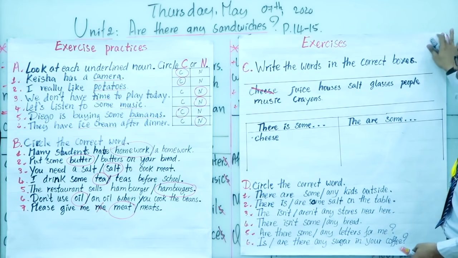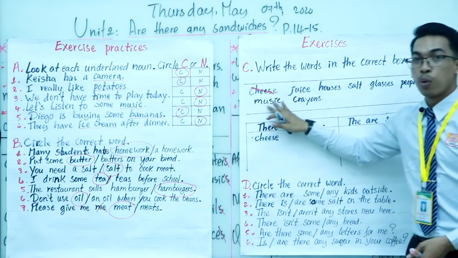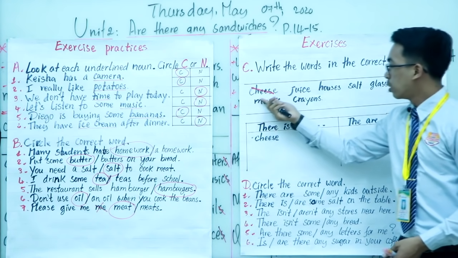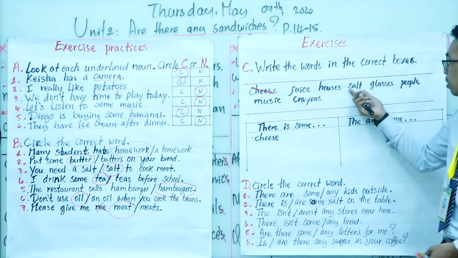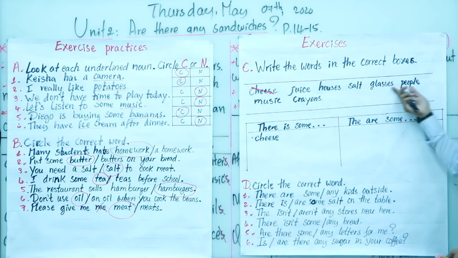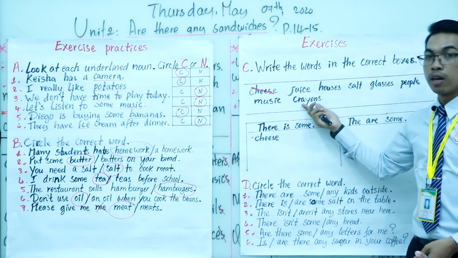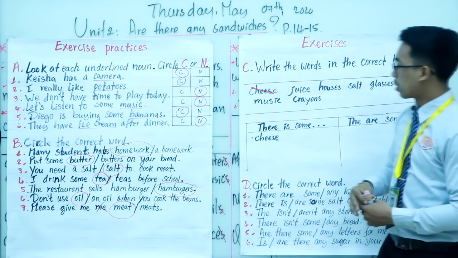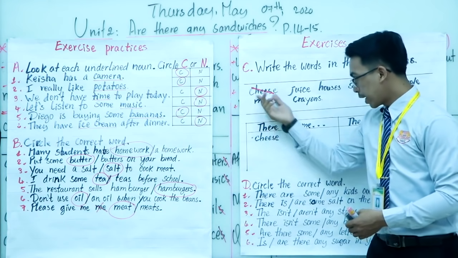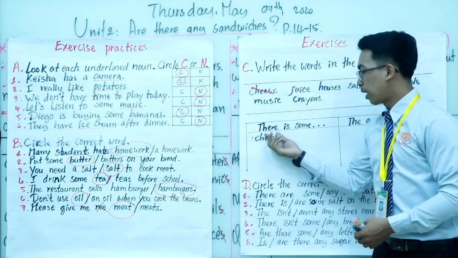Here we have the words cheese, juice, houses, salt, glasses, people, music, and the last one, crayons.